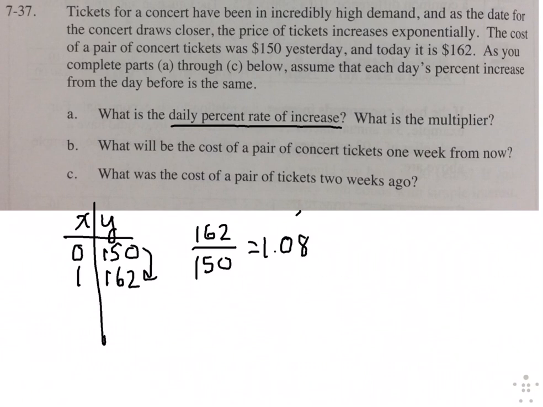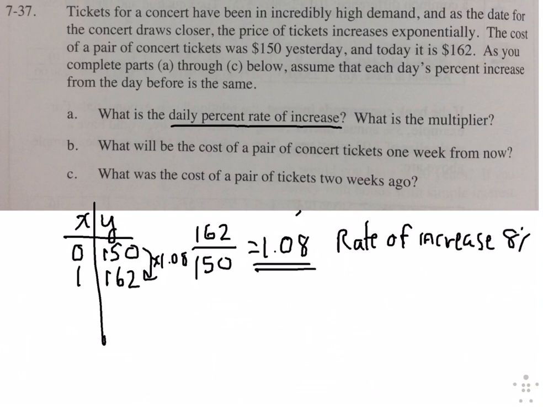So that's the multiplier, times 1.08, which means that it's growing at 8%. So the multiplier is 1.08, and the rate of increase is 8%. So it's growing at 8% plus the original 150.